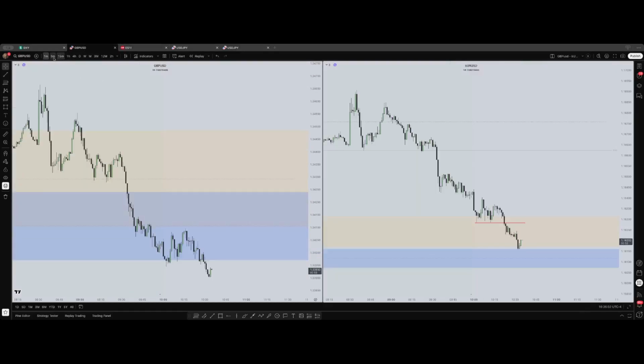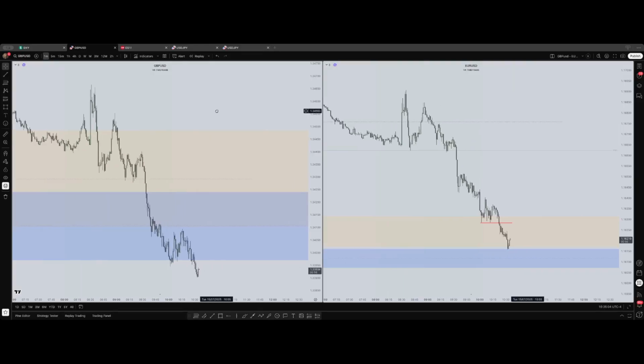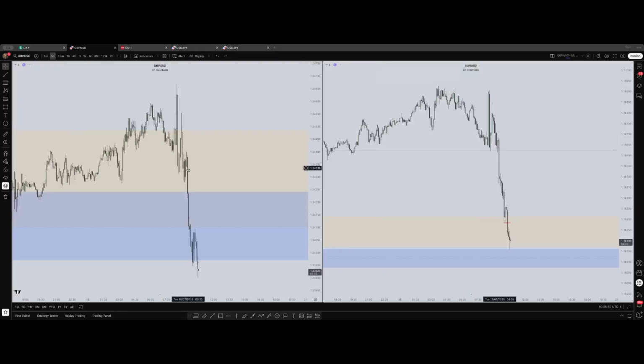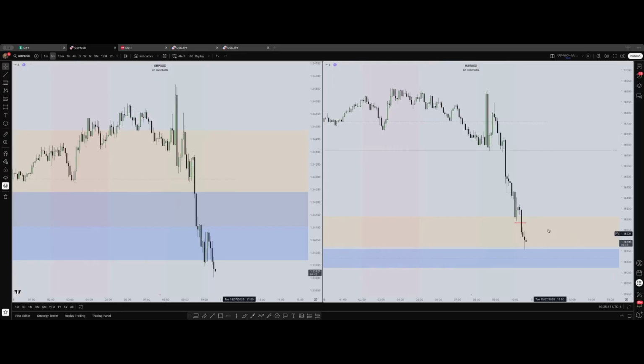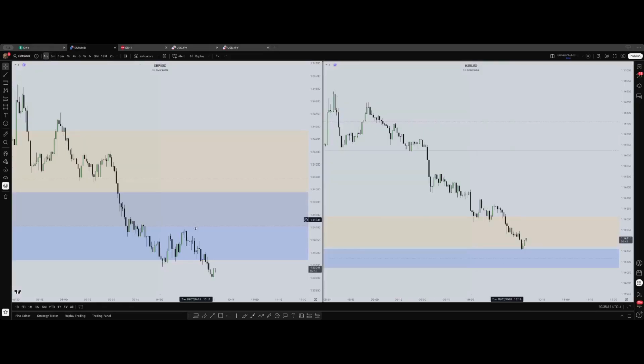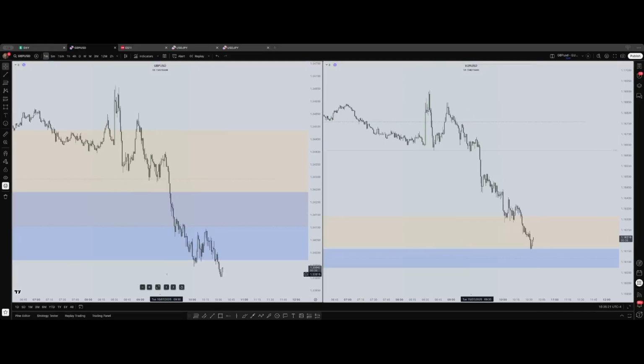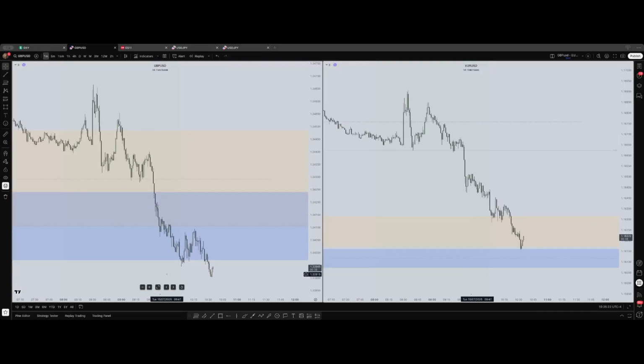Let's check here. We have GBP and Euro USD. I'm interested if price breaks this high.